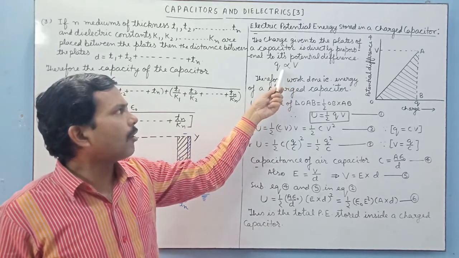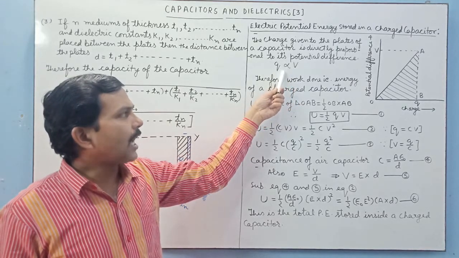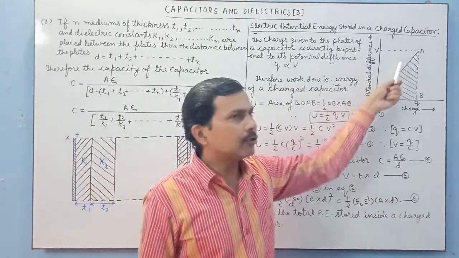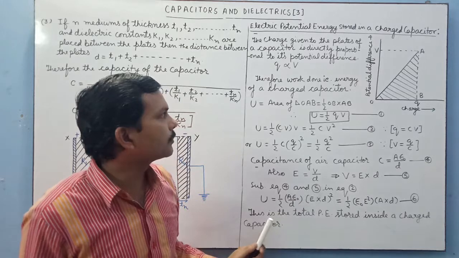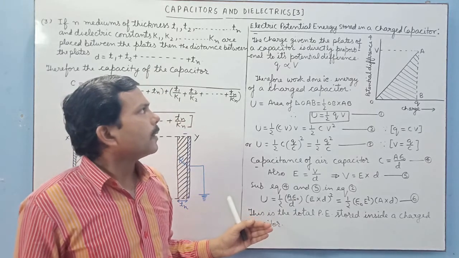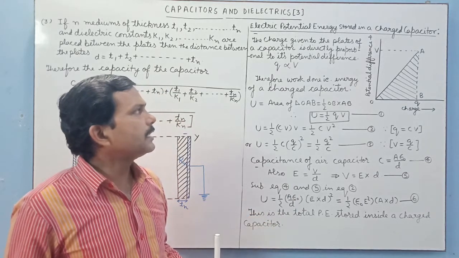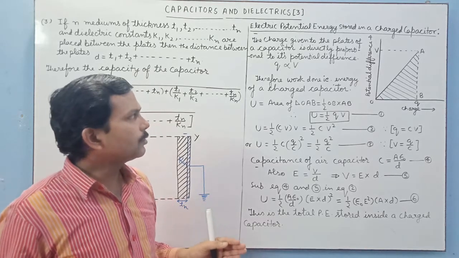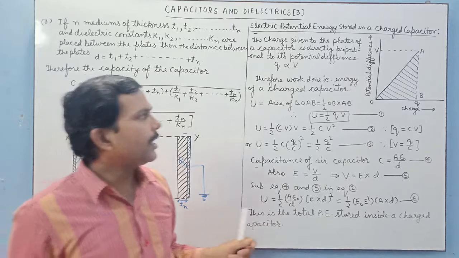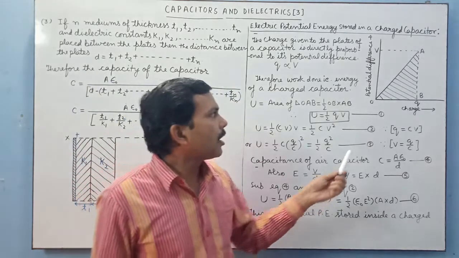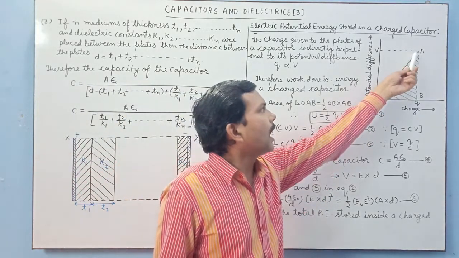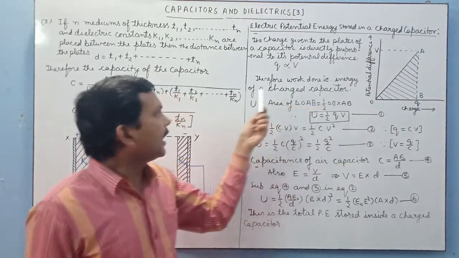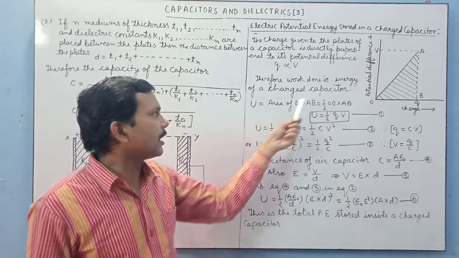Therefore, if we draw a graph between charge and potential difference, we will get a straight line as shown here in this figure. And therefore, to evaluate the potential energy, we must evaluate the work done. This work done is obtained by the area between the line OA and the charge axis, that is the energy of the charged capacitor.